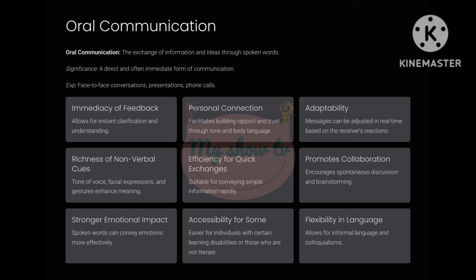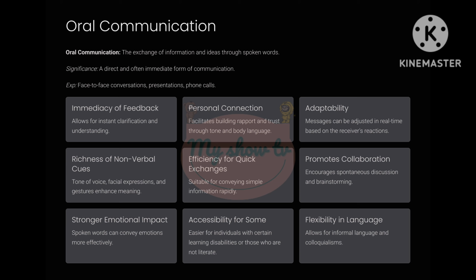The use of voice, tone, and body language in oral communication helps build rapport and trust between people, creating a stronger personal connection. 3. Adaptability. When speaking, you can often adjust your message in real time based on the receiver's reactions. If you see someone looking confused, you can rephrase or provide more examples.